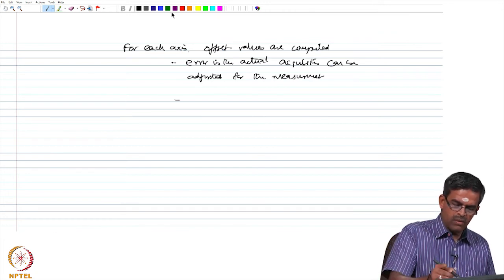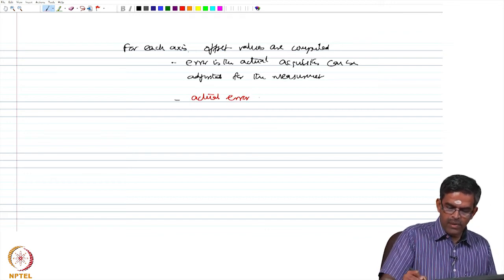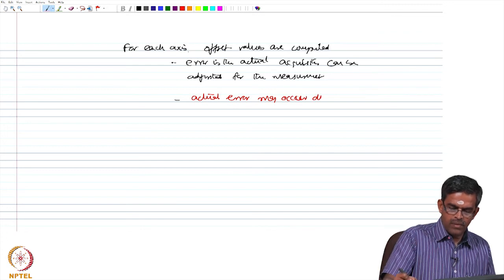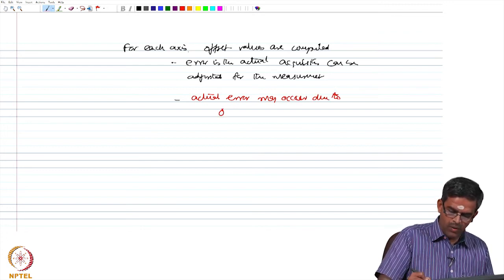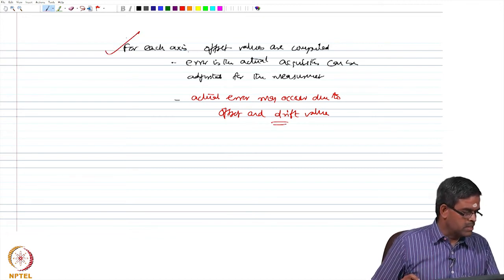The actual error may occur due to the offset and drift value. So, they are adjusted in the beginning itself.